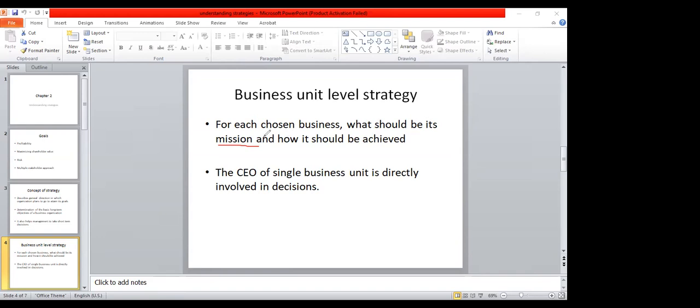So what should be its mission? The mission should be known to each and every employee, and then only your employee will work for that mission. If they are not aware of the mission, then the company may not expect contribution from its employees. And not only informing the mission, but also how it should be achieved.